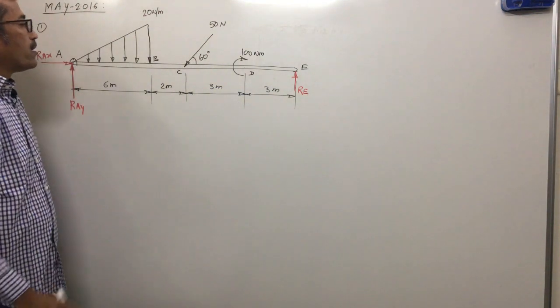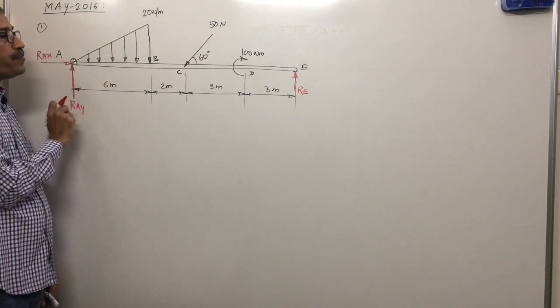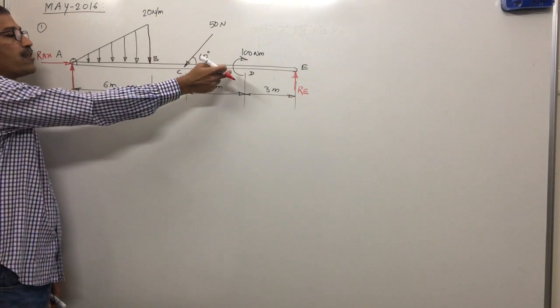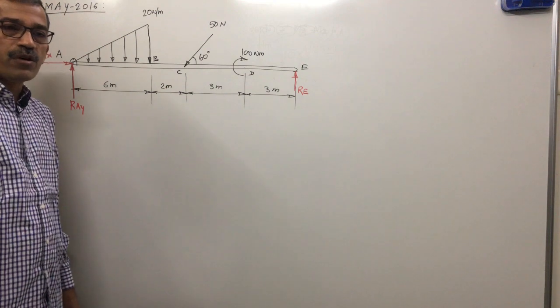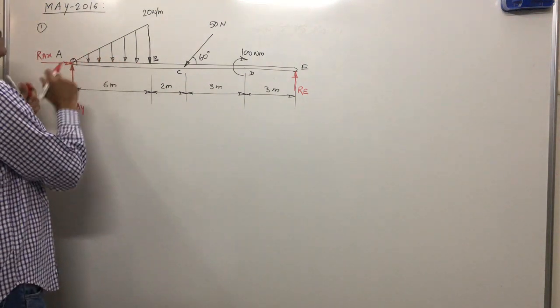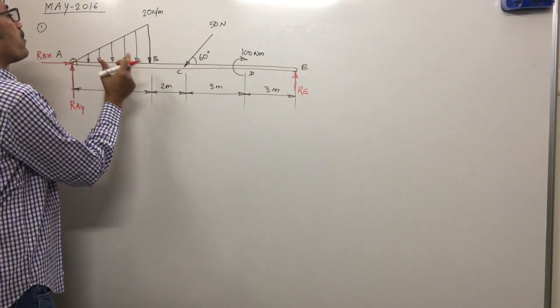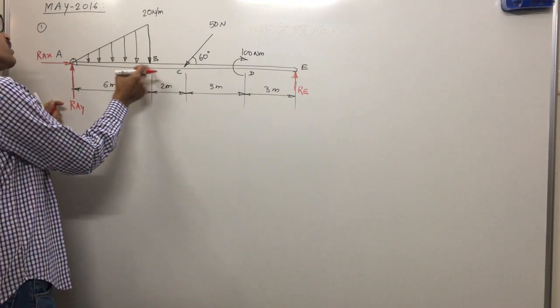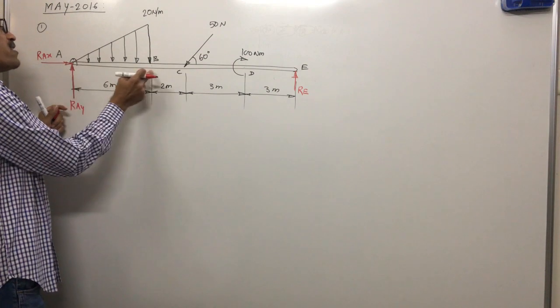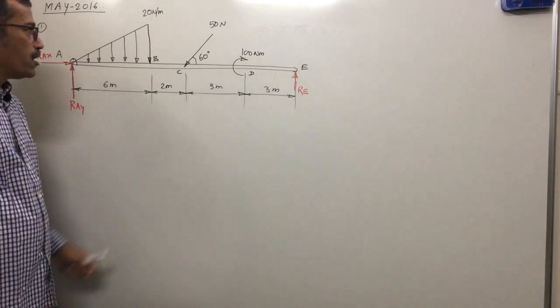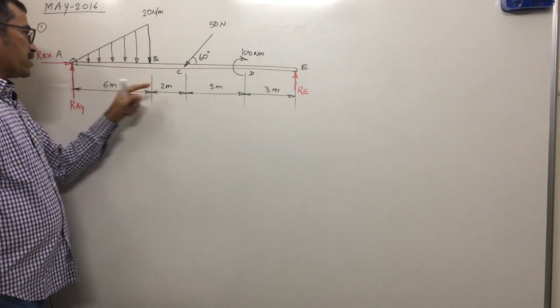Now there is one UVL, one point load, and one couple. Whenever there is a distributed load, we convert it into an equivalent point load. In 6 meter, the equivalent of this UVL is nearer to the maximum load, at 1/3 of its span. Span means the distance in which this load is acting, so the span is 6 meter.